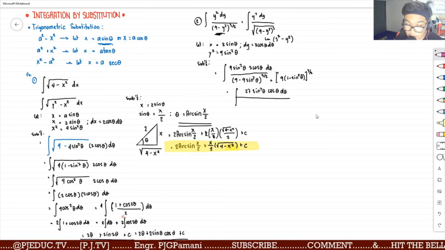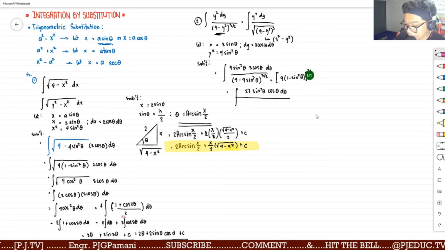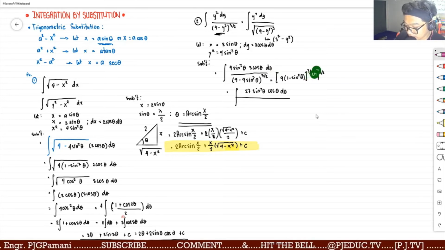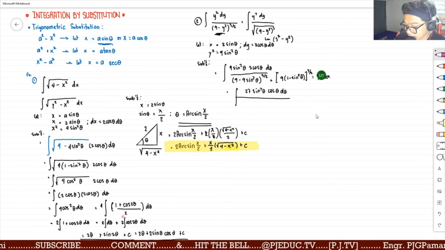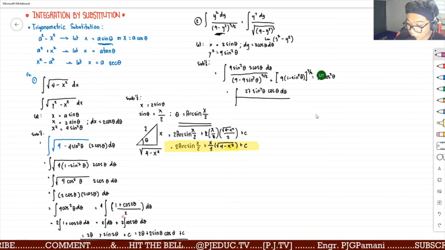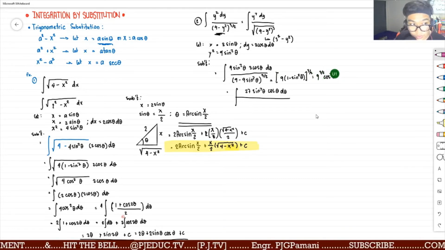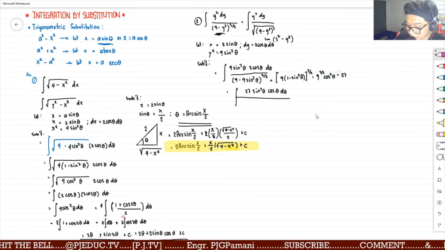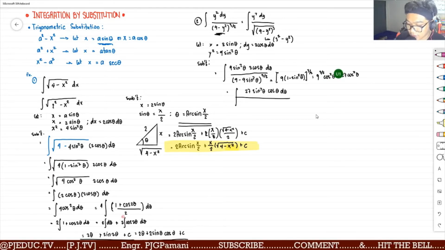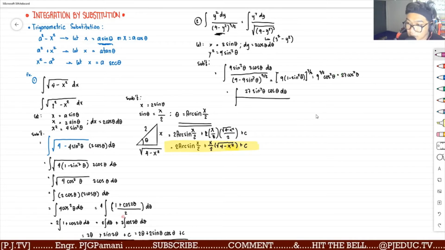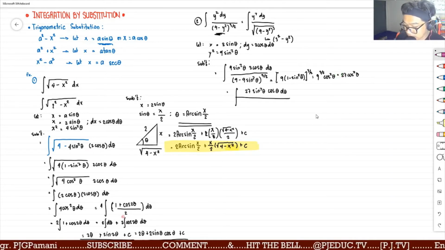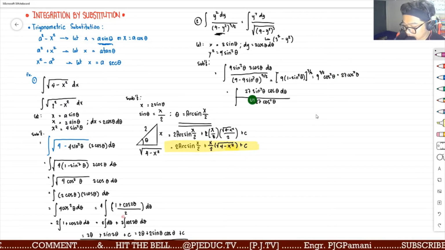Or that is 9 raised to 3 halves times cosine squared, or that is also 27 cosine cubed theta. Do not forget your identity.